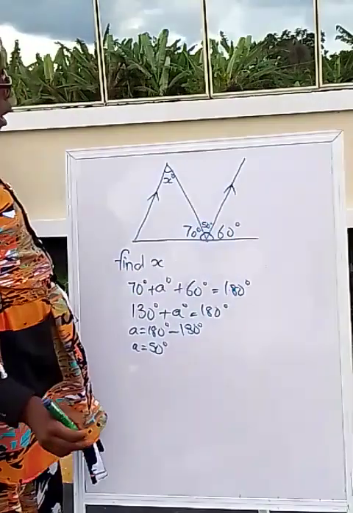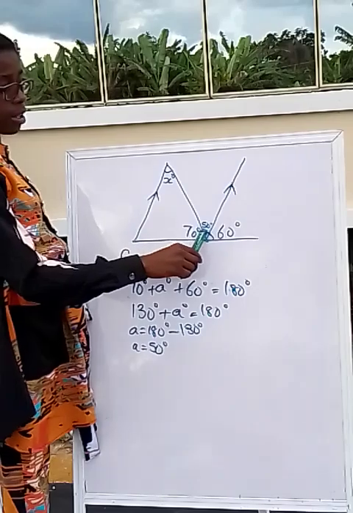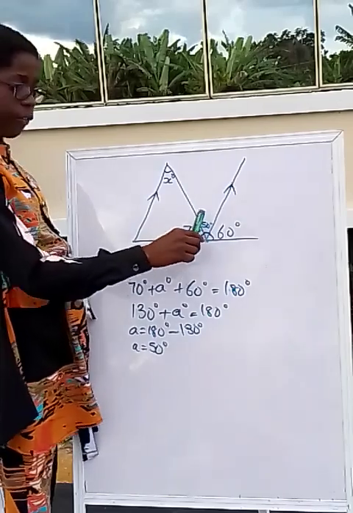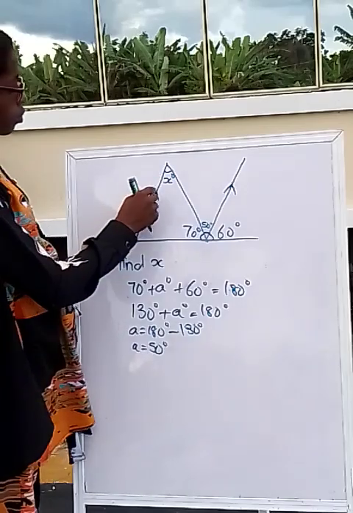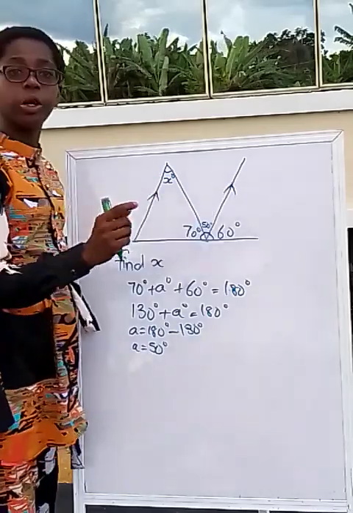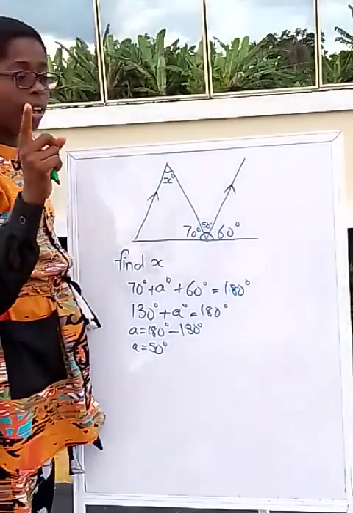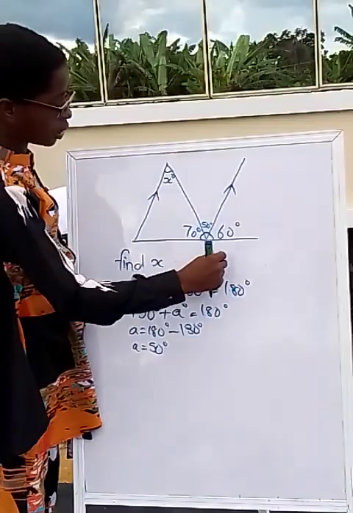Now, since we found this angle a to be 50 degrees, it's going to be very simple to find x. Why? Look, these arrows that are here are showing that these are parallel lines, and this line that's cutting them is called the transversal.